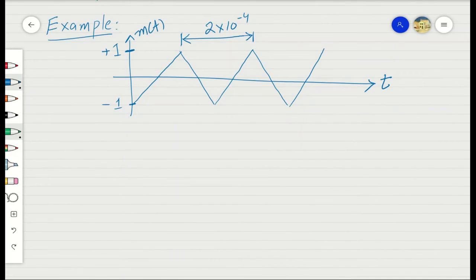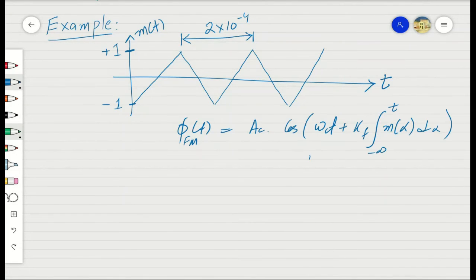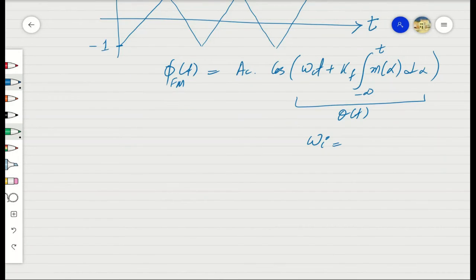So if we have an information signal as a triangular wave which has its positive peak amplitude at +1 and its negative peak amplitude at -1, with a time period of 2 into 10 raised to the power -4 seconds, then for the case of frequency modulation, as represented by the equation derived for frequency modulated signals, the instantaneous frequency is directly influenced by the amplitude of the information signal.